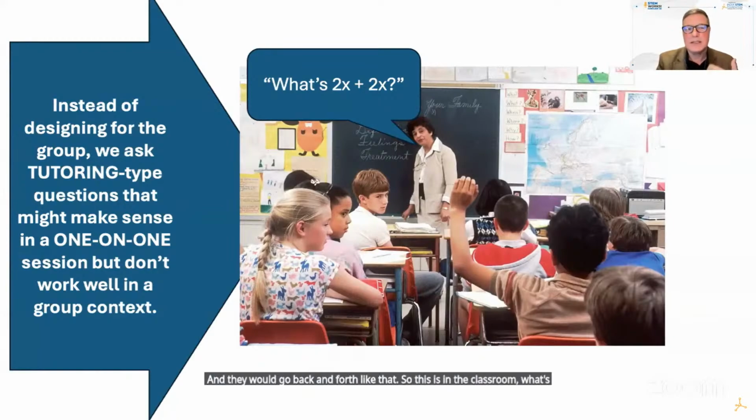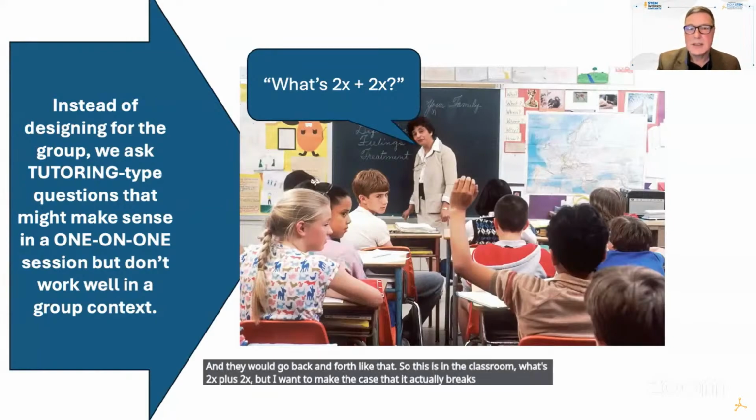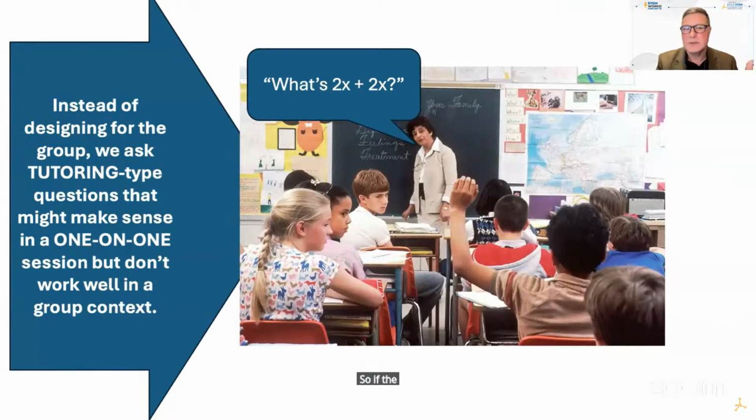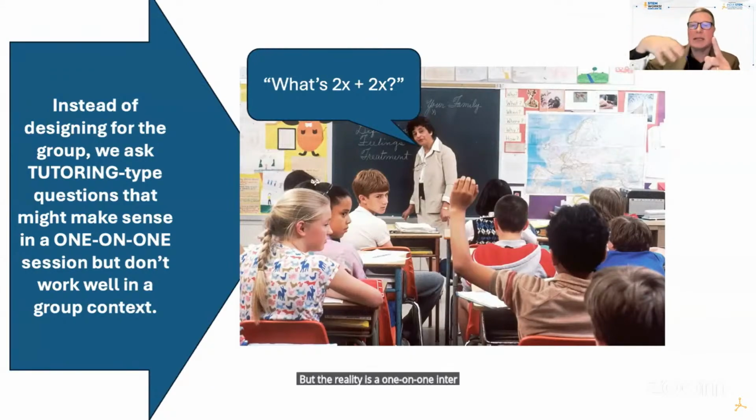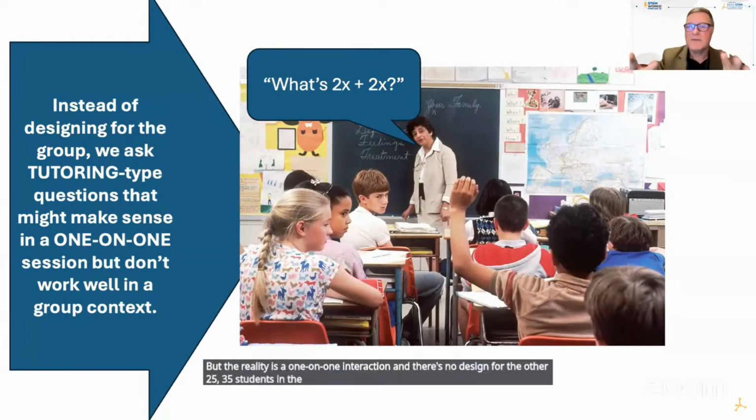But I want to make the case that it actually breaks in a classroom. So if the teacher asks what's 2x plus 2x and one student sticks up their hand, the hope is that everybody's paying attention to that. But the reality is it's a one-on-one interaction, and there's no design for the other 25, 35 students in the classroom. There's nothing for them to do except the expectation that somehow they're going to be paying attention to what's going on.